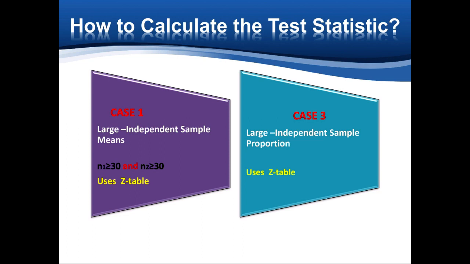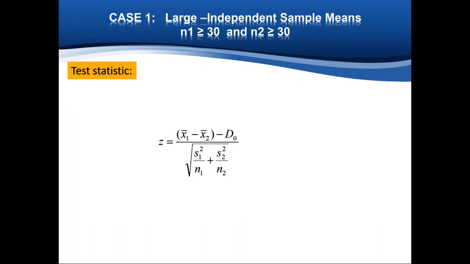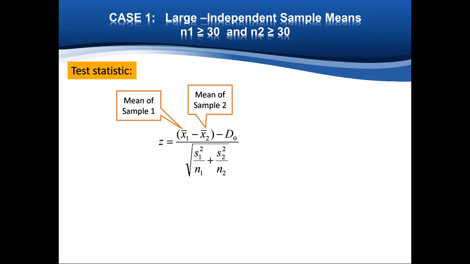Let's see case 1 and case 3 first, because we use z-table. The formula for case 1 is as follows. The test statistic is a z-score, where x1 bar is mean of sample 1, x2 bar is mean of sample 2.